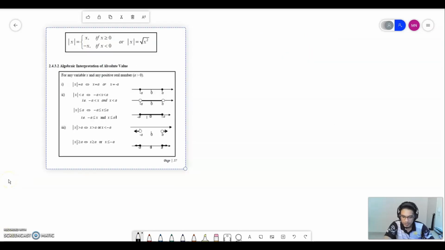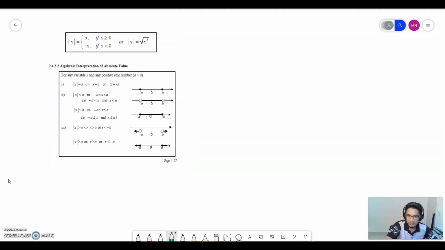Now let's go to the next section, that is 2.4.3, inequality involving modulus. When we talk about modulus, we know that a modulus can give us two answers, a positive and a negative. That is the first property of the modulus, written right here.